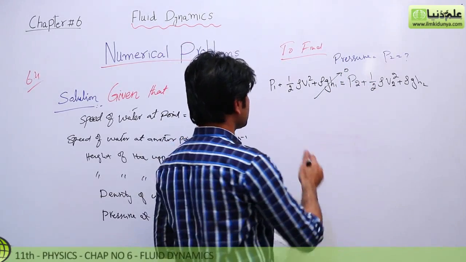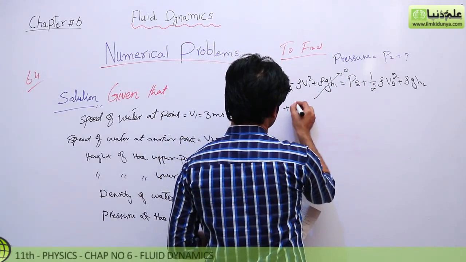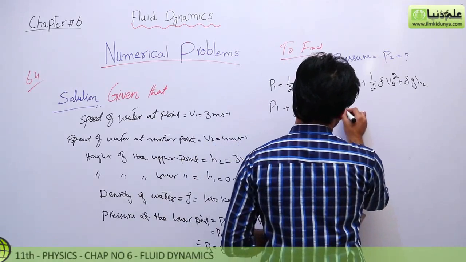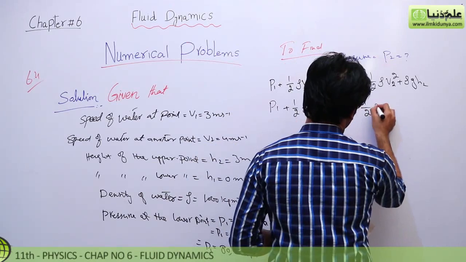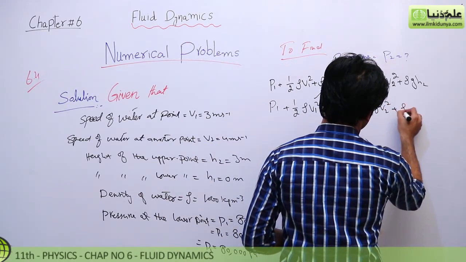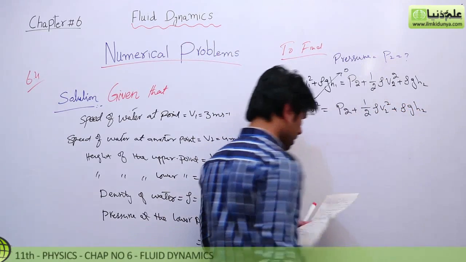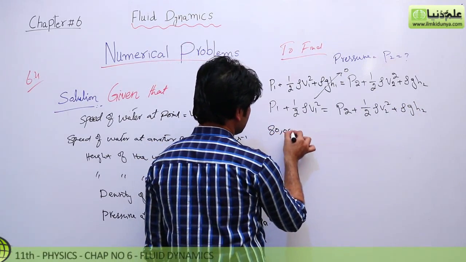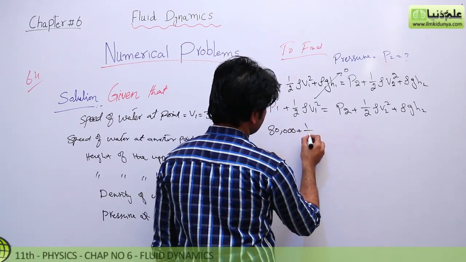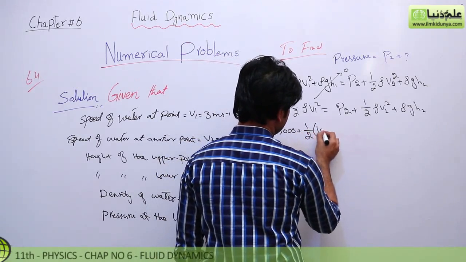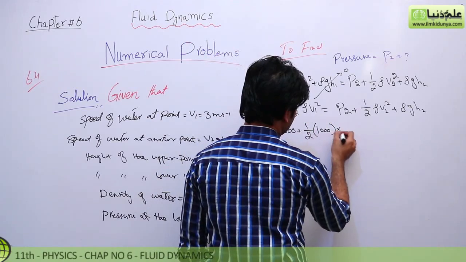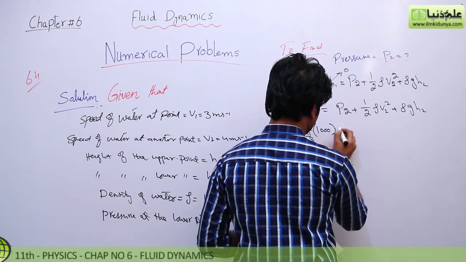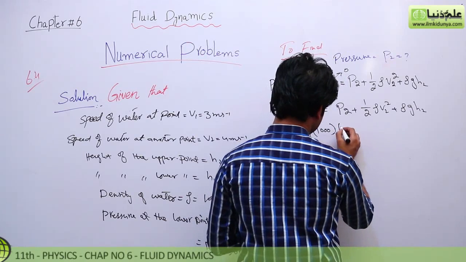Now the remaining terms: P1 plus half rho V1 square equal P2 plus half rho V2 square plus rho g H2. Now substituting the values, P1 is given as 80 kilopascal, V1 is given as 3 square.